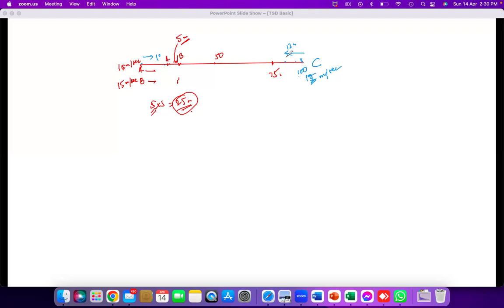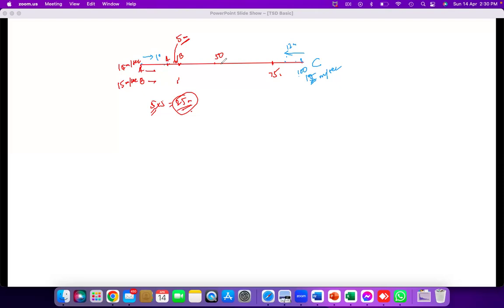C travels 12 meters towards A and A travels 10 meters towards C. Together they bridge how much gap? 22 meters. Right? So when motion is in opposite directions, the gap is bridged. So 22 meters per second is the relative speed.